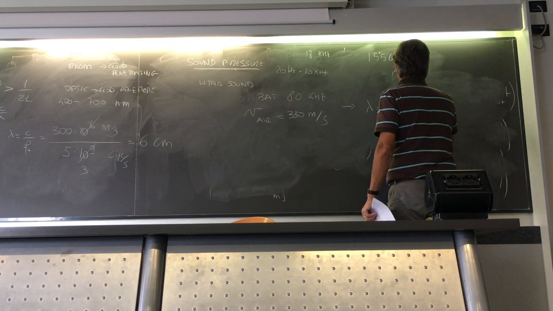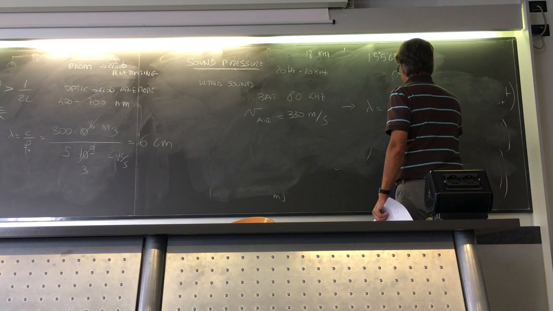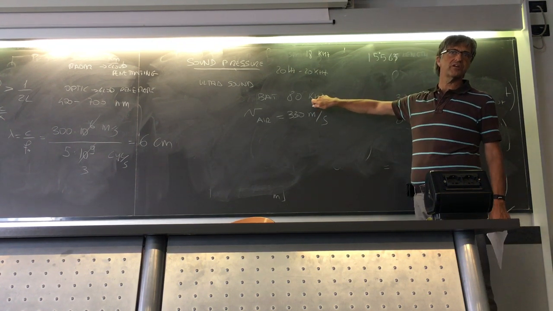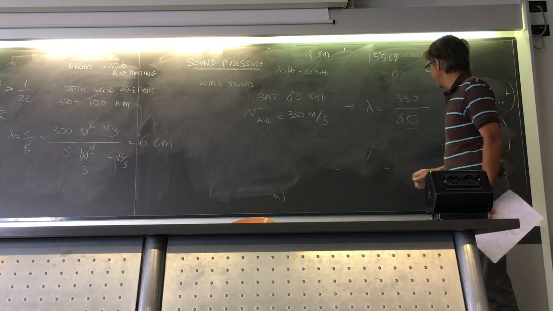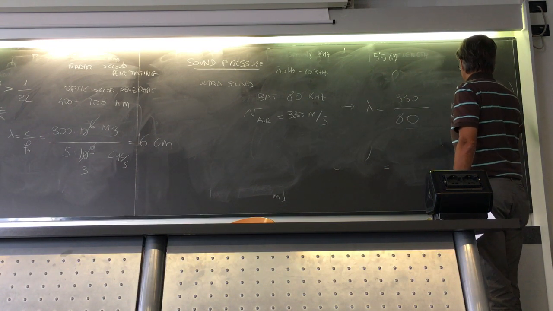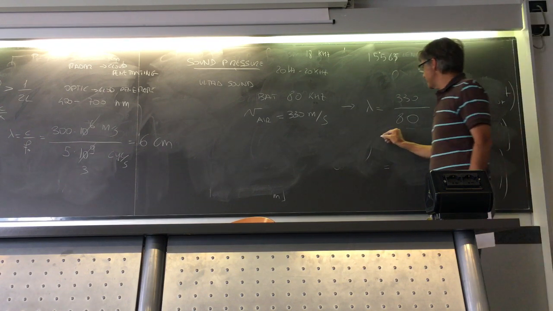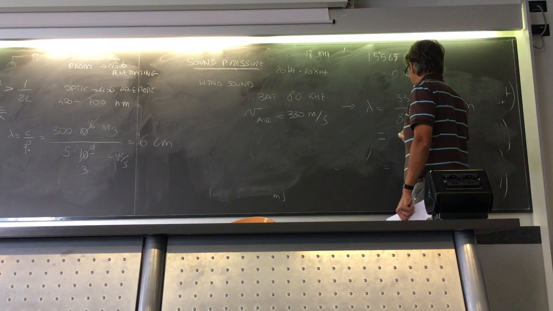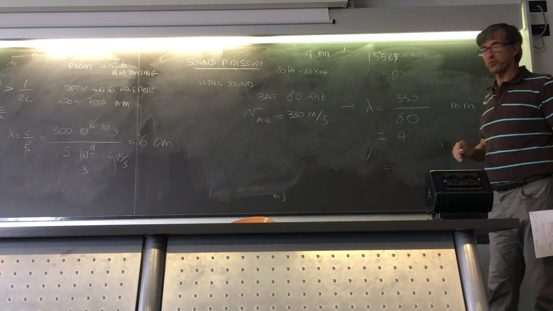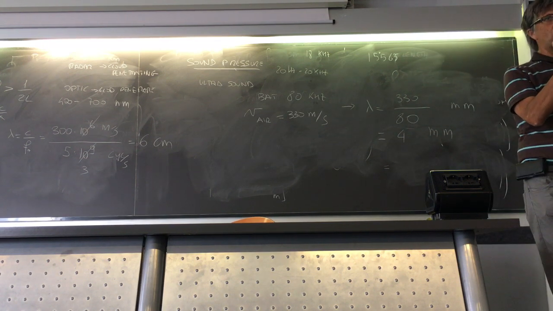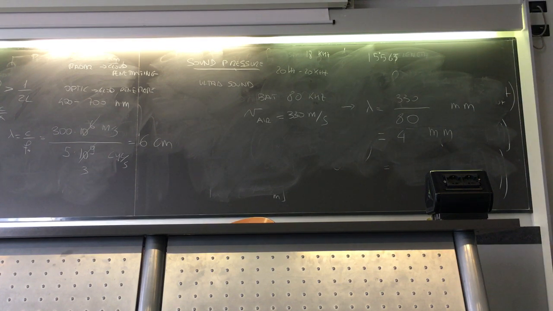So it is 330 divided by 80. If I forget the kilohertz, the result will be in millimeters, because it's 10 to the power 3, and this is 4. Okay, it's 4 millimeters. I think a mosquito is comparable to 4 millimeters.